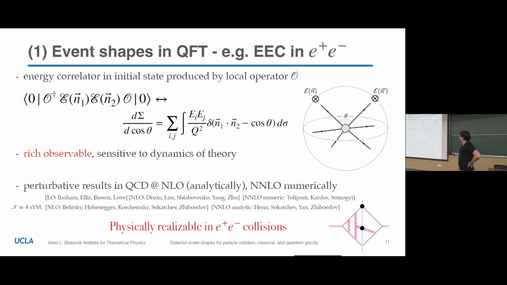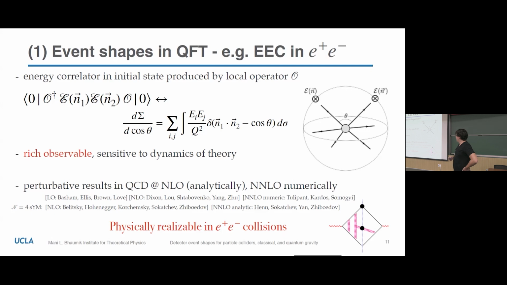It seems like a simple observable, but as I will show in the next slide, even for this relatively simple observable, it shows insanely rich physics that's sensitive to the dynamics of the theory. One nice thing about this observable is that we have very good perturbative control: we know things to next-to-next-to-leading order analytically in QCD, to next-to-next-to-leading order numerically in QCD, and in N=4 super Yang-Mills we even have next-to-next-to-leading order analytic results.